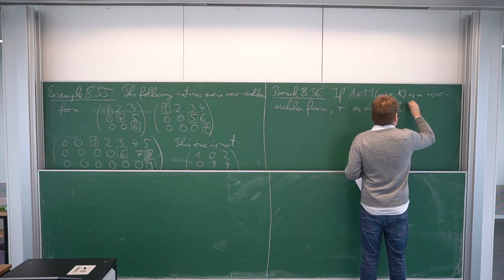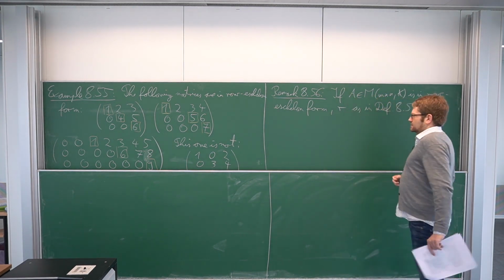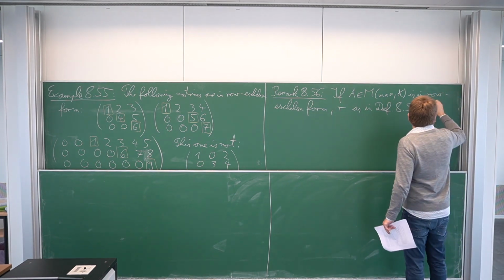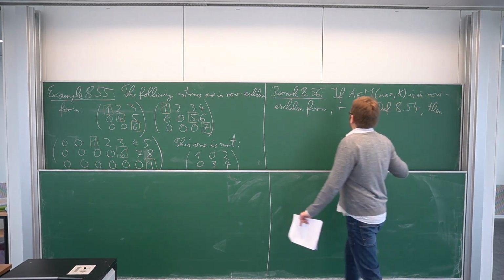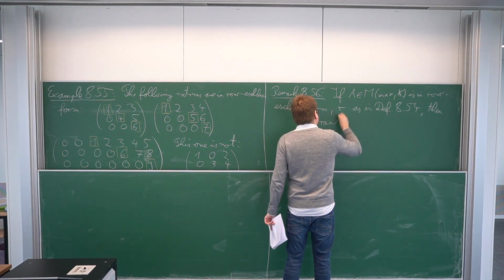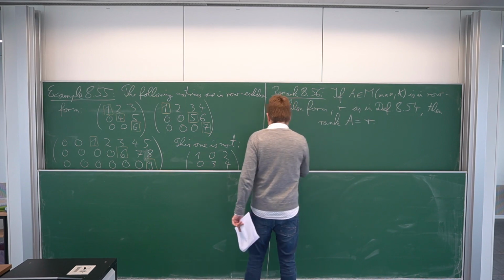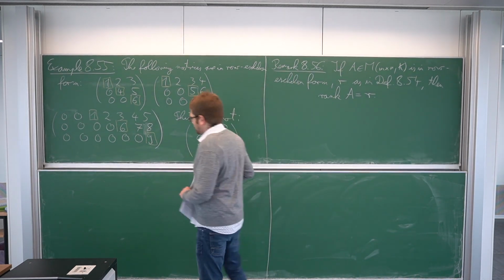This means R is the lowest non-vanishing row. Then the rank of A must be R. This follows from the properties of the pivots. I don't write this down.